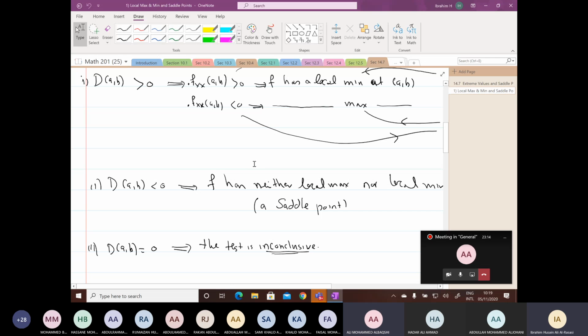Doctor, what does saddle point mean exactly? It means geometrically that if the discriminant is negative, it is neither local maximum nor local minimum. They call it saddle because its behavior is like a saddle of a horse.